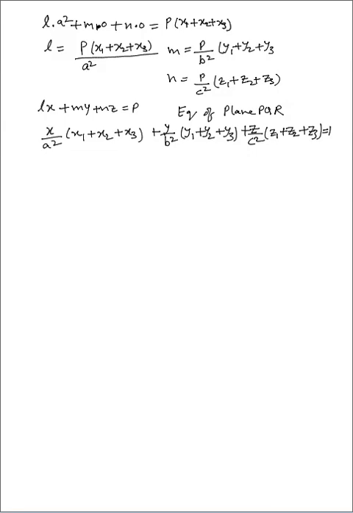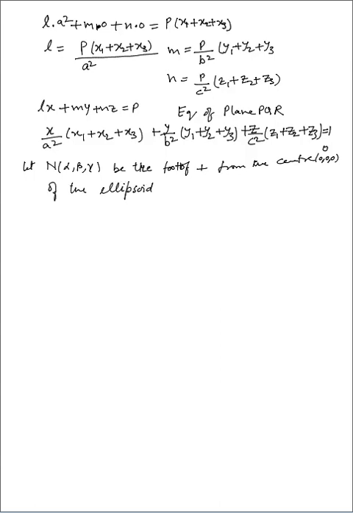Now we got this. It means now suppose alpha, beta, gamma is the foot of the perpendicular from the center O, 0 0 0, of the ellipsoid to the plane PQR.